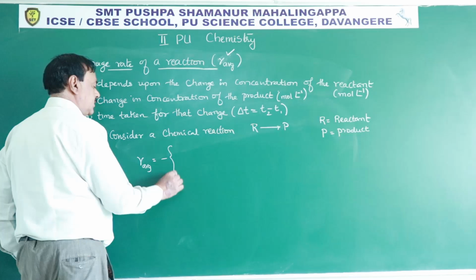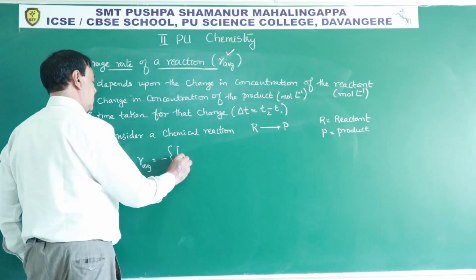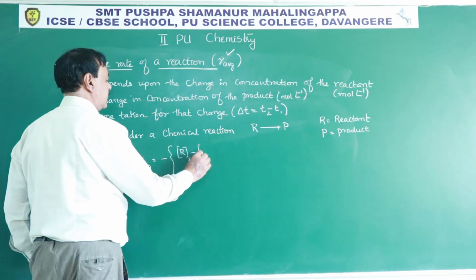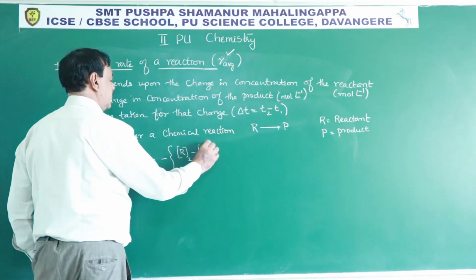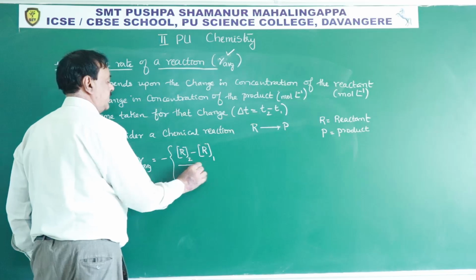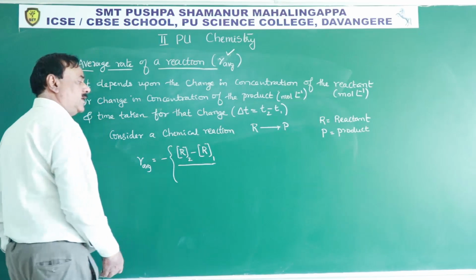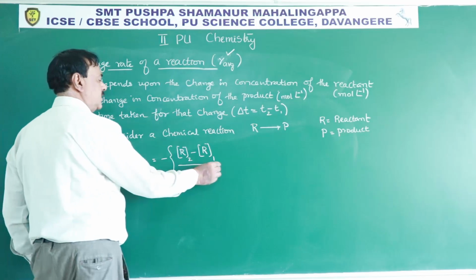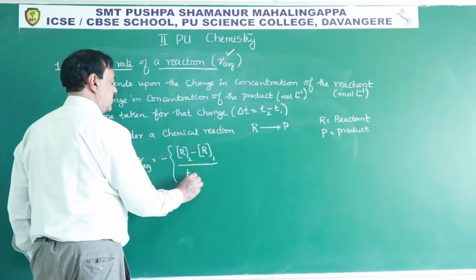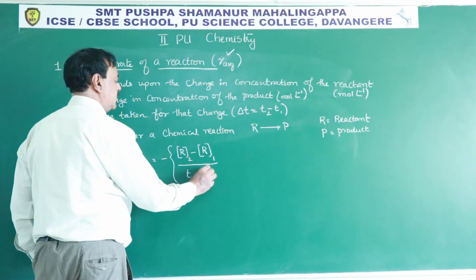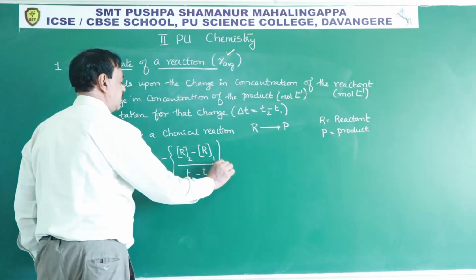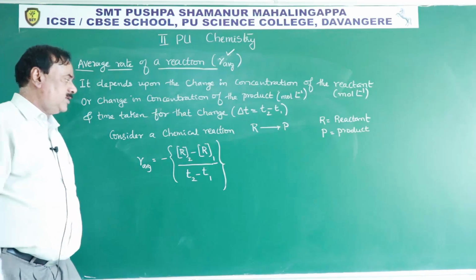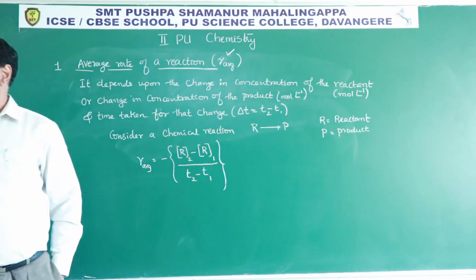Whereas that is given by R2 minus R1 divided by T2 minus T1. What do you mean by R2, R1 and T2 and T1?